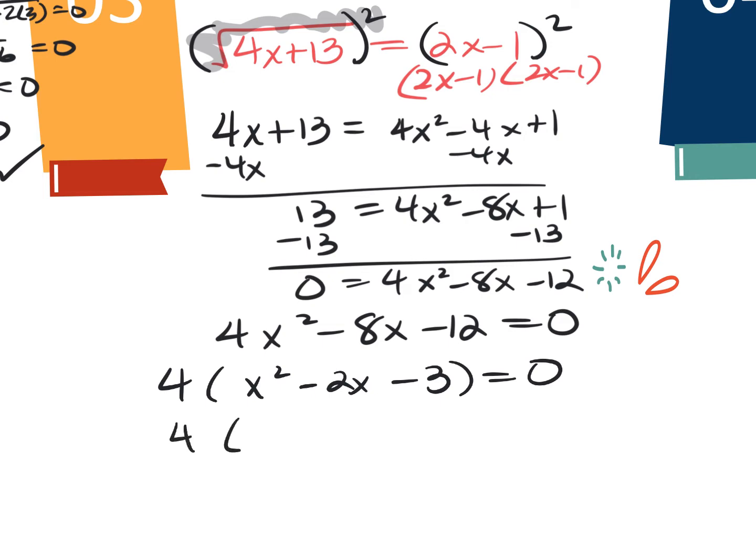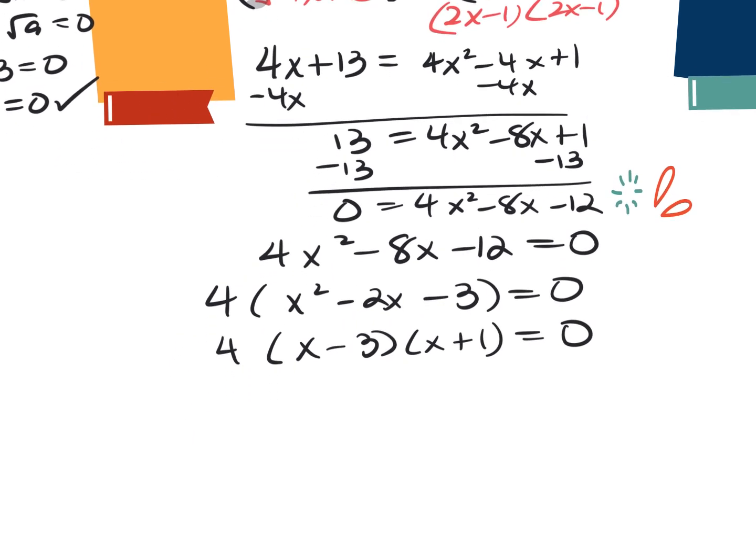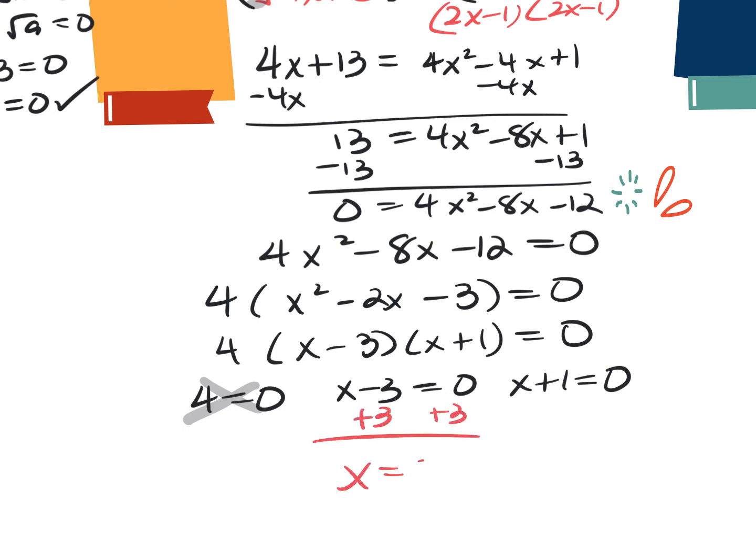It's going to be negative 3 and positive 1. I now set each one of my factors equal to 0. So I'm even setting the GCF equal to 0, but notice my GCF doesn't have a variable to solve for, so there's nothing to do here. But I can solve the other two, so I'll add 3, x equals 3, subtract 1, and x equals negative 1. Again, I need to check both.